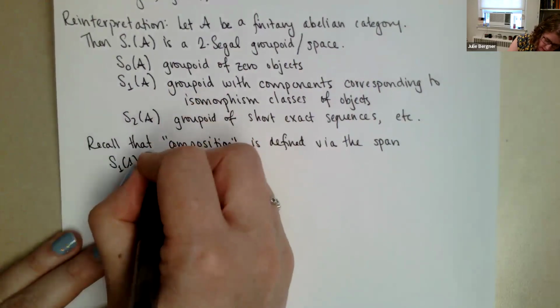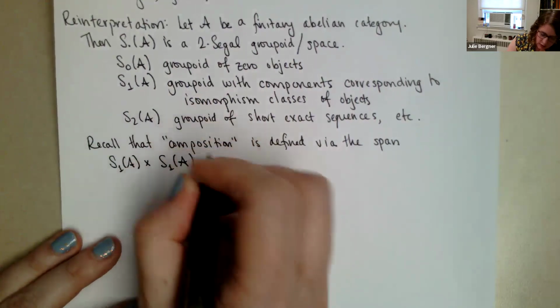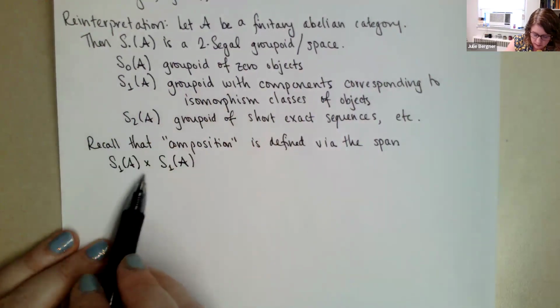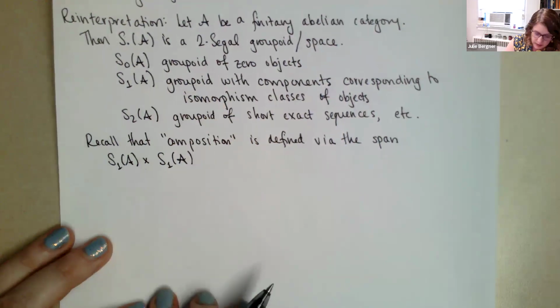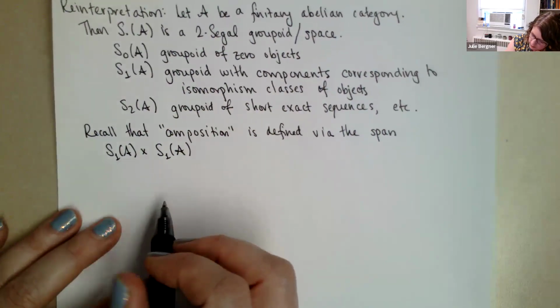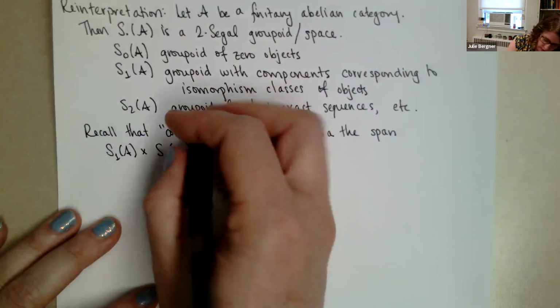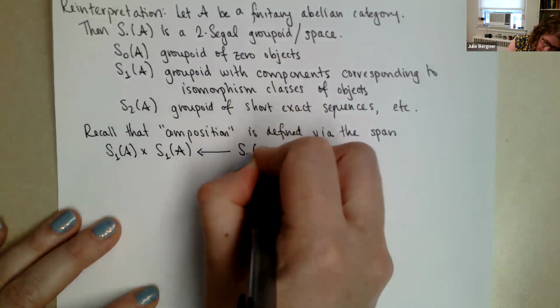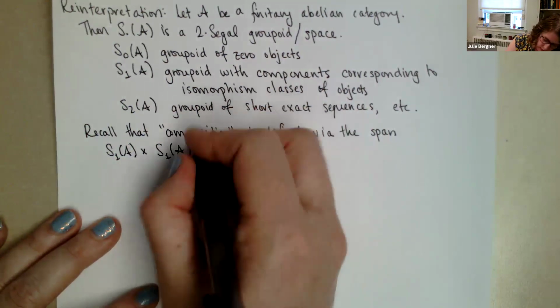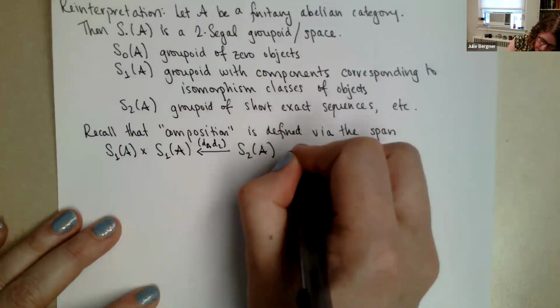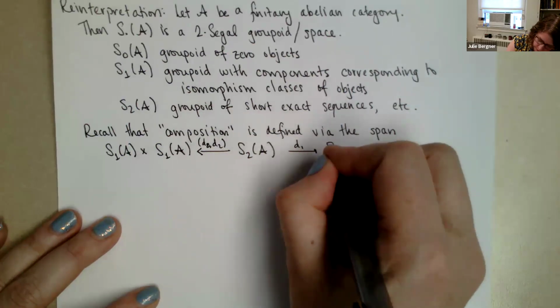We have two 1-simplices in this case, because S0 is contractible. I'm just going to be sloppy and omit it from the notation. Basically, we just get the product over here. And here we have S2, this map was D0, D2, and then we had the map D1.